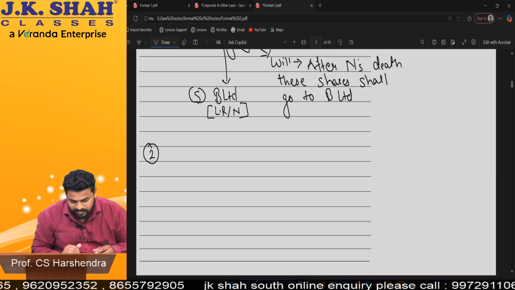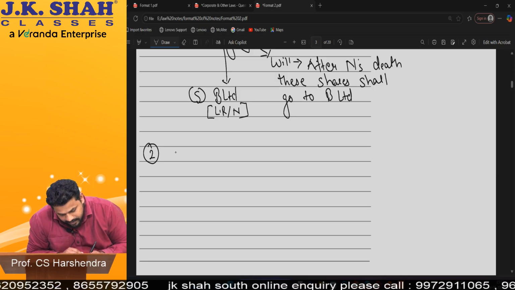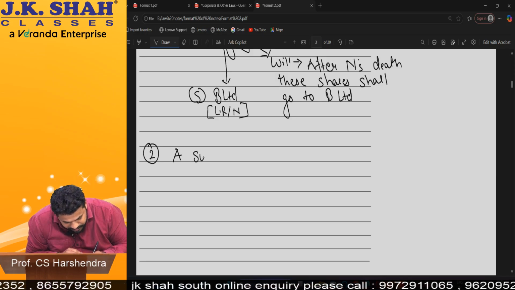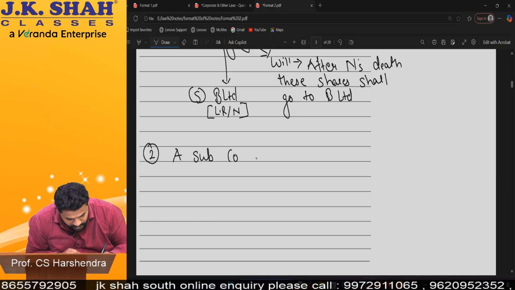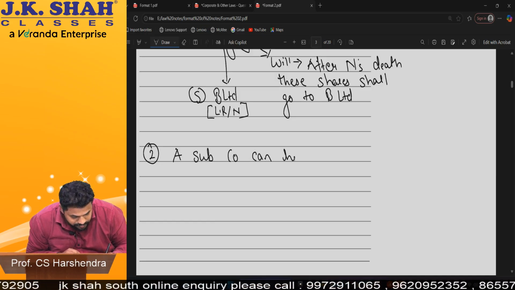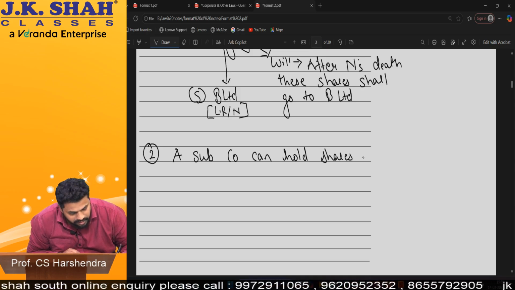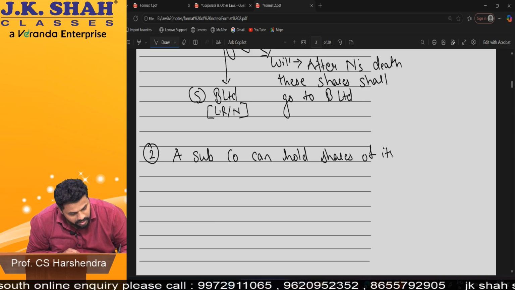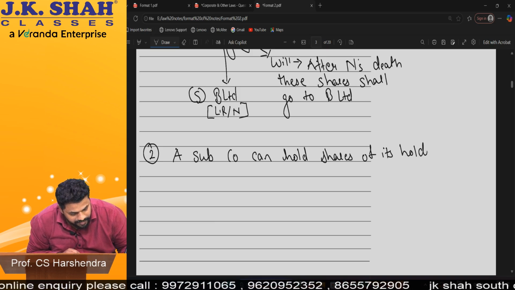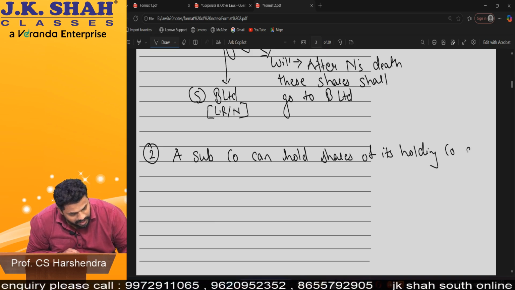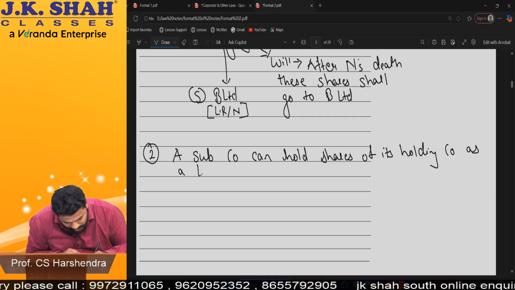Second example. A subsidiary company can hold shares of its holding company as a trustee.